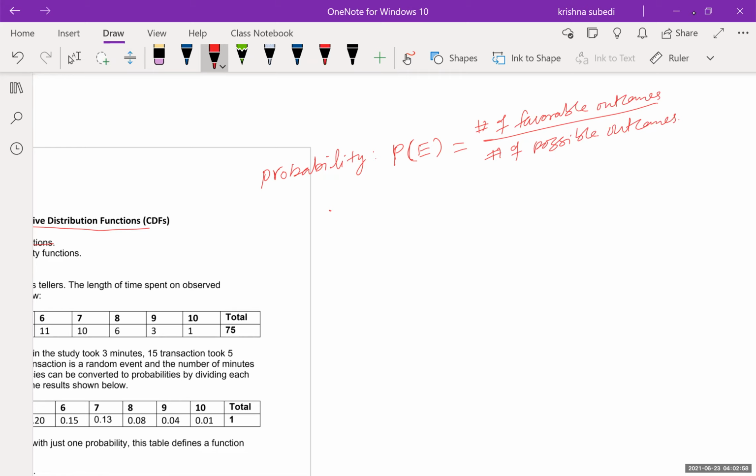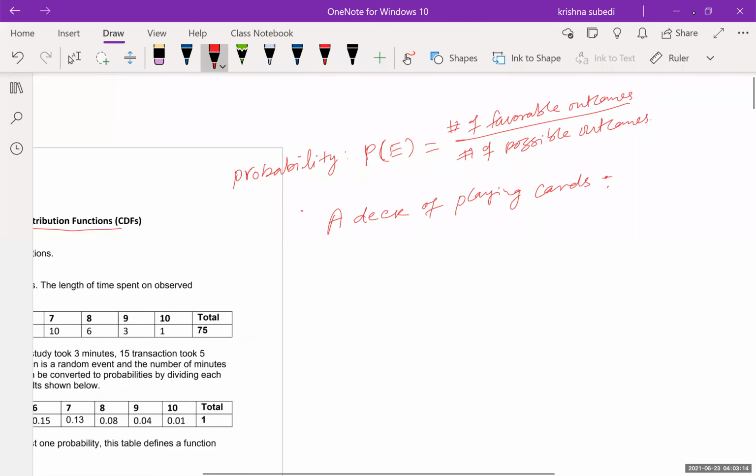For example, suppose you are given a deck of playing cards. How many total cards are there in a deck?